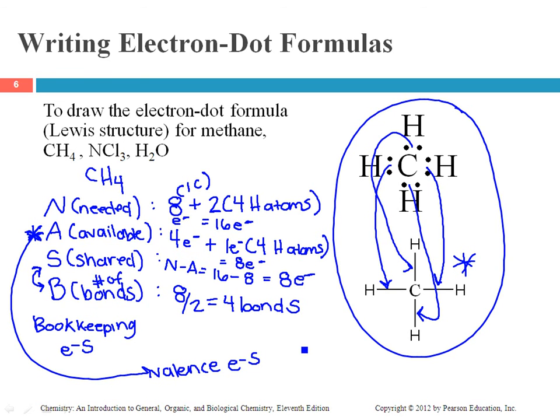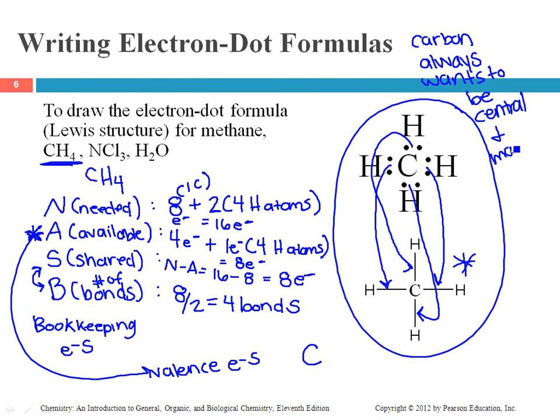Now we have carbon and we have 4 hydrogens. You have to match your formula. You can't draw 2 carbons or 6 hydrogens. You have to have the correct number of carbons and hydrogens. Carbon always wants to be central, and it makes 4 bonds.